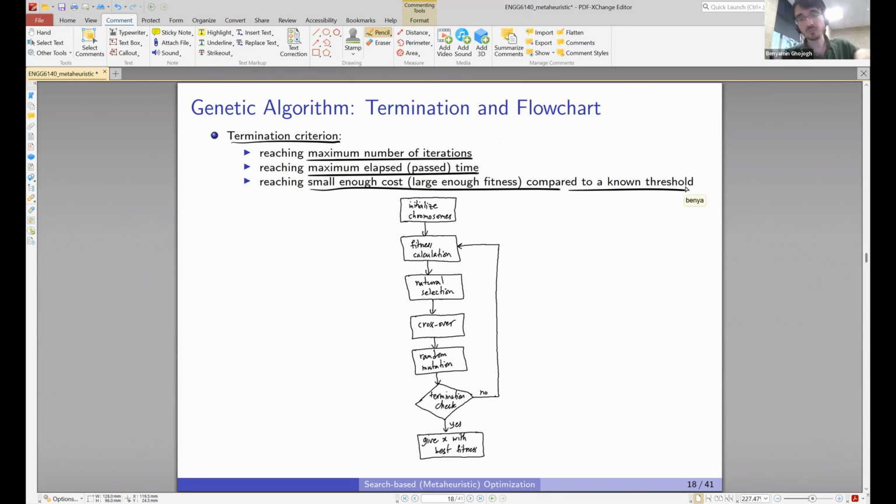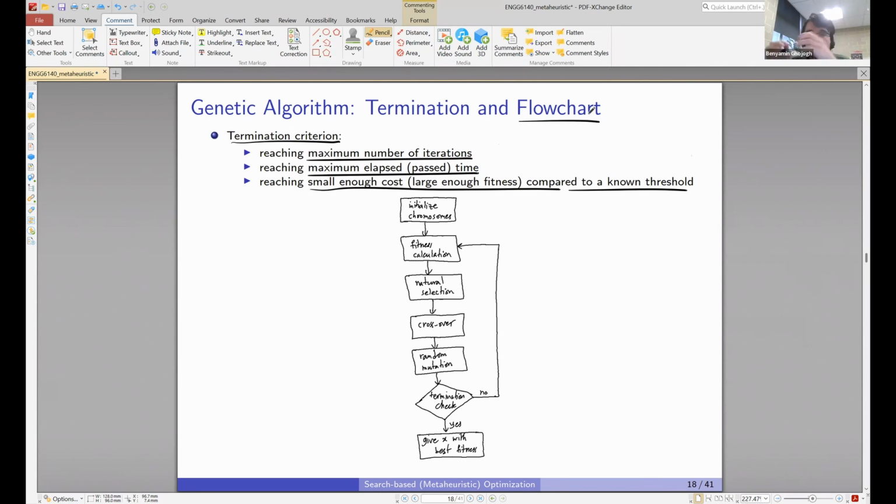So if you want to minimize a function, if you get close enough to 0, which is the minimum of the range of the function value, then you can terminate. Or if you are maximizing, if you get close enough to the upper bound of the function, then you can terminate. So as long as you know the range or some threshold, then you can do this.